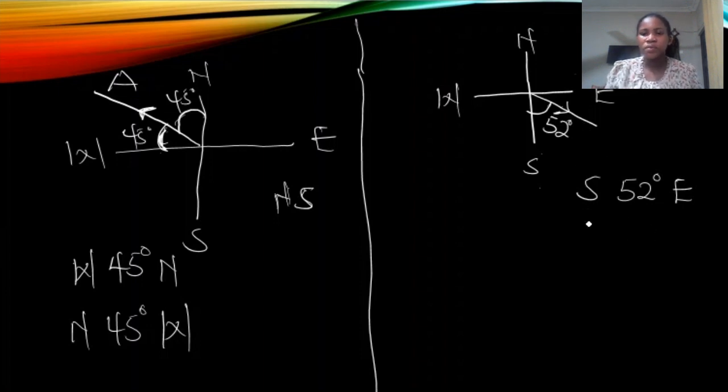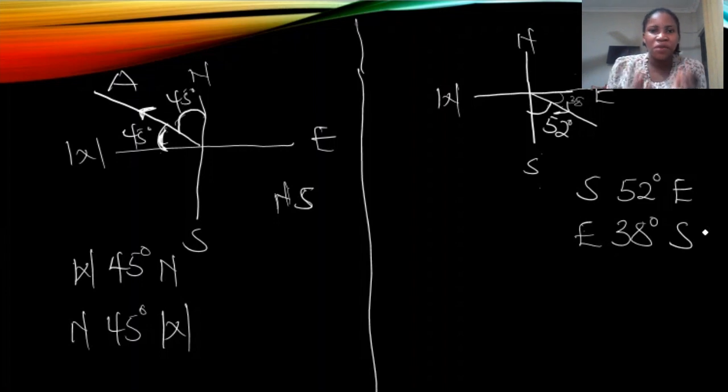So yes, assuming it was rather here, over here the angle would have been 38. I don't know if it's showing. Assuming the angle was over here and the vector is still between the south and east, it would have been east 38 degrees south.